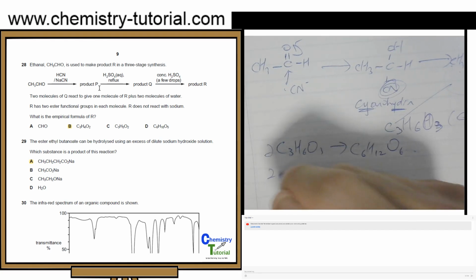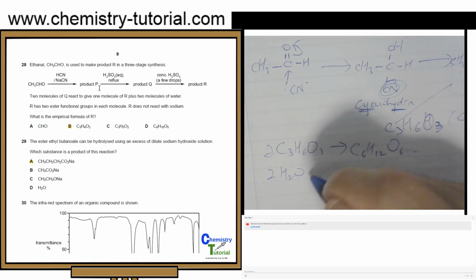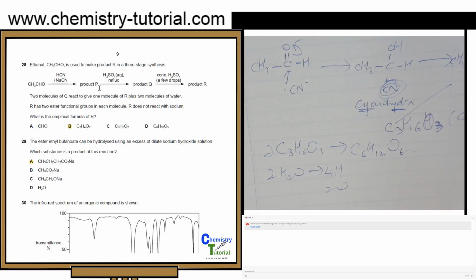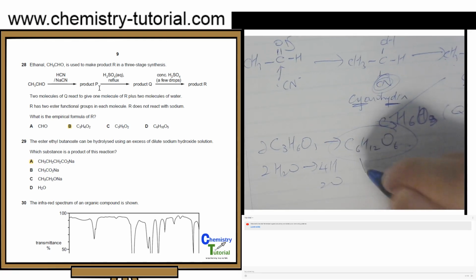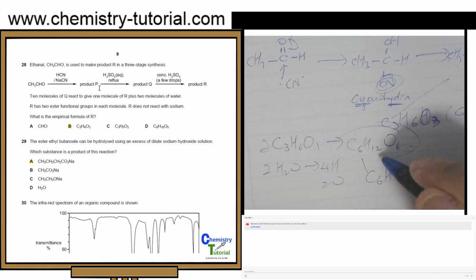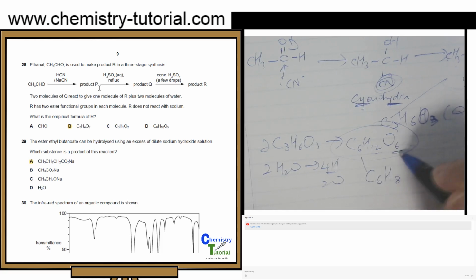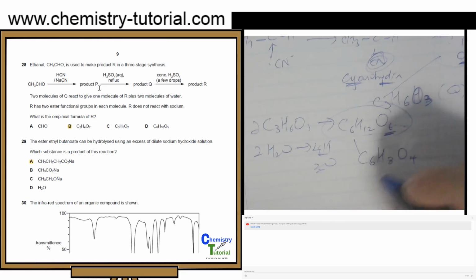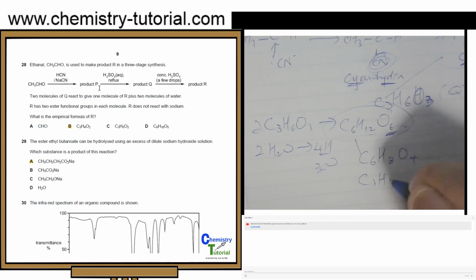But then you remove 2 molecules of water, which means you remove 4H and 2O from this species. Hence, we have C6H12 minus 4H, you get C6H8. Over here, 6 oxygen minus 2 is O4. You simplify, the empirical formula will be C3H4O2.